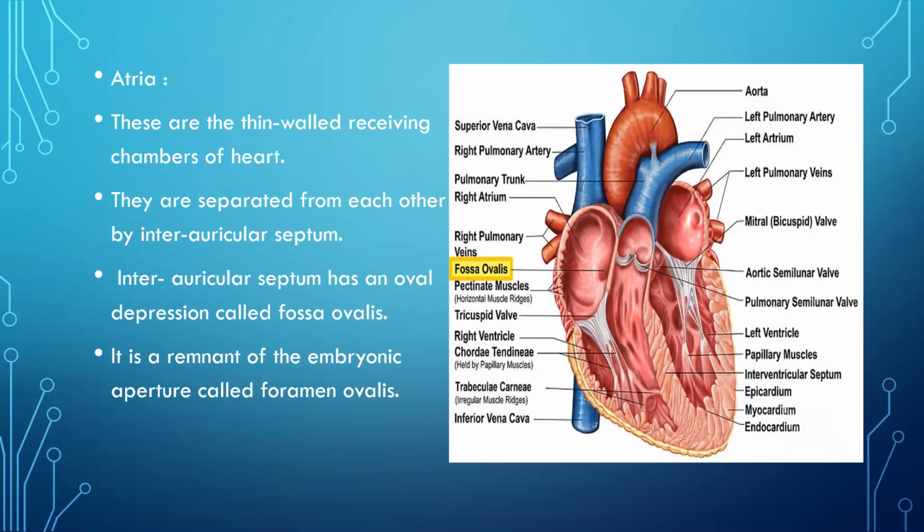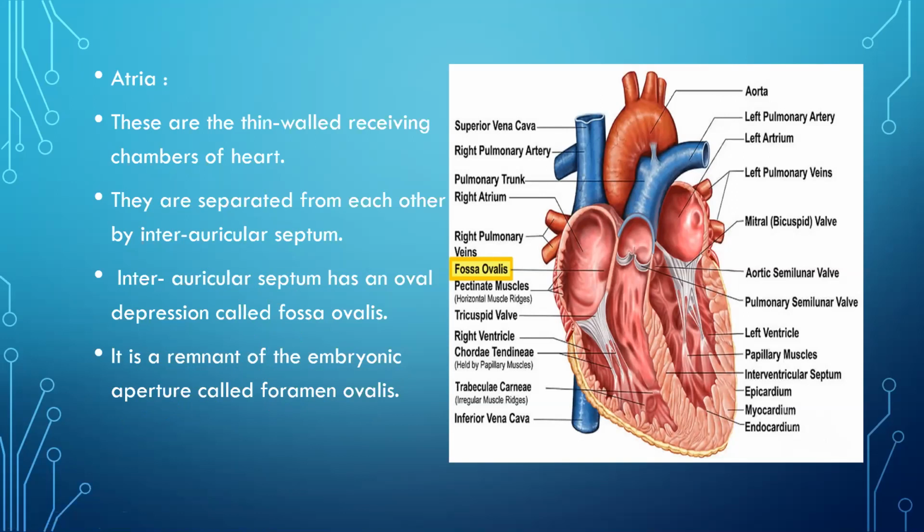Now, what exactly is the fossa ovalis? It is a remnant of the embryonic aperture called the foramen ovale. Remnant means leftover. Embryonic means when the baby is in the womb of the mother.